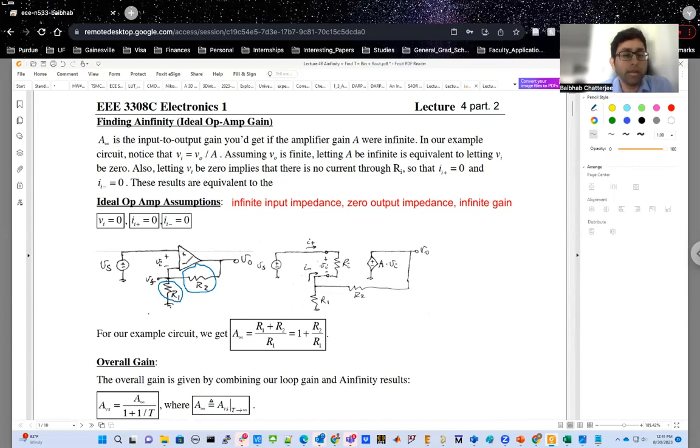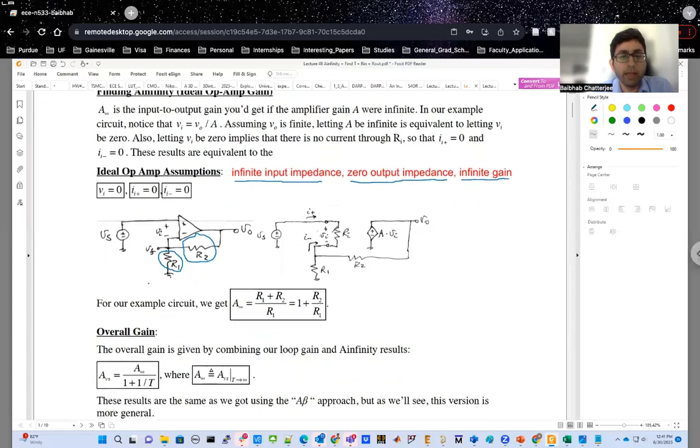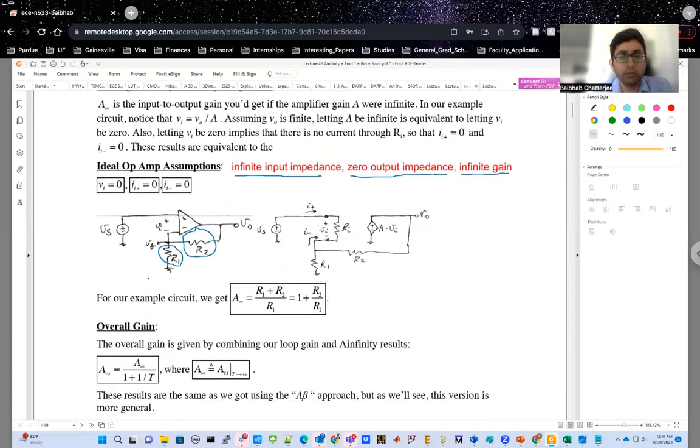If you assume that this op-amp is ideal, in that case, you'll have an infinite input impedance, a zero output impedance, and an infinite gain. So those are the assumptions for ideal op-amps. Now, again, if you are trying to draw the equivalent circuitry for this op-amp, you can draw it like that.